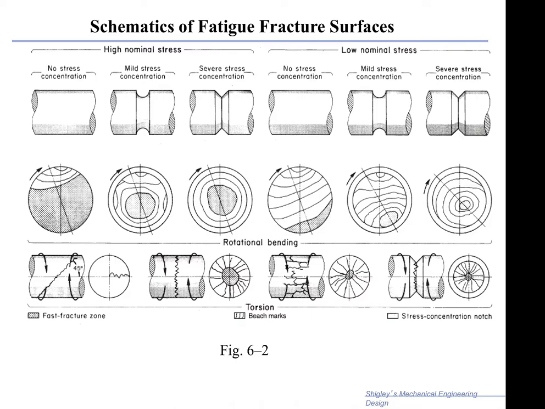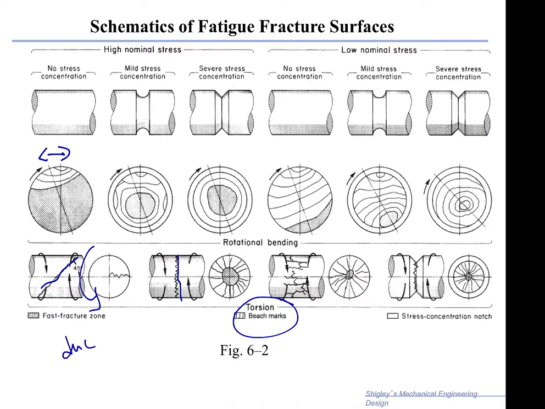Another observation is that if we have fatigue failure under what's called rotational bending, which is a small oscillation of the shaft to give it like a bending oscillation, and under torsion, where you have a torsional stress that oscillates, and in this case, in the torsional stress, then you can get these beach marks at either 45 degrees or at 90 degrees, depending on the ductility of the material.